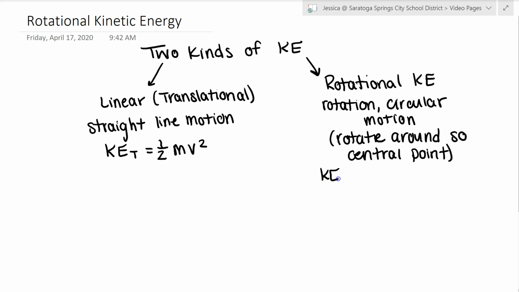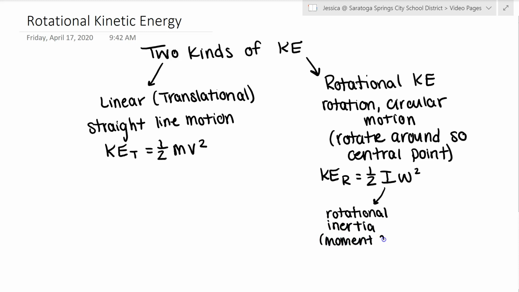And we calculate the rotational kinetic energy by doing 1/2 I omega squared. As a reminder, I is rotational inertia, sometimes called the moment of inertia, and omega is the angular velocity.